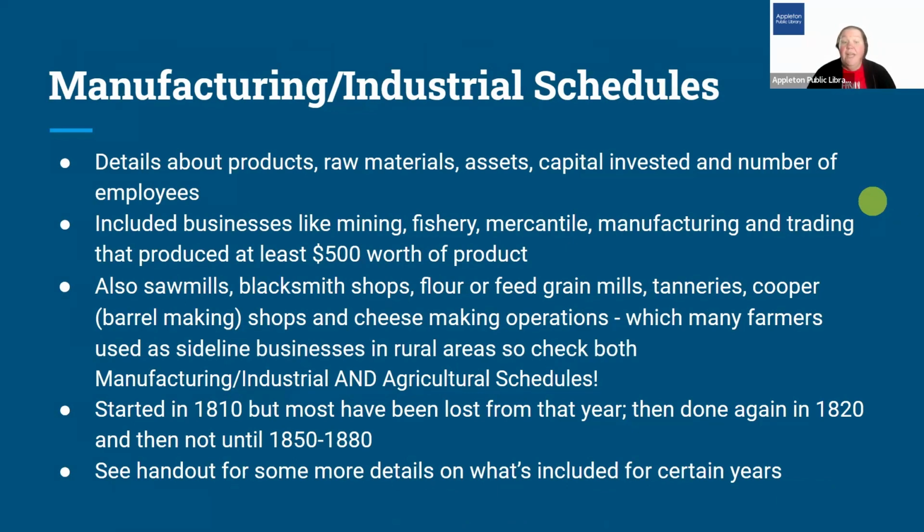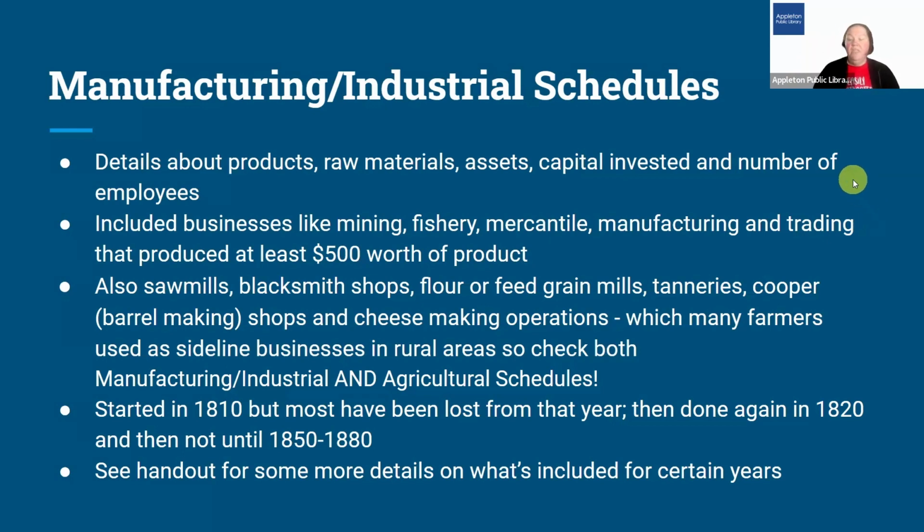So you might also find the sawmills, blacksmith shops, flour and feed grain mills, tanneries, coopers, which were barrel makers, or cheese making operations. So keep in mind, maybe some of our farming ancestors used these as side businesses, like they were the blacksmith and a farmer. So especially in rural areas, you might find them in both of these schedules, in the agricultural one as well as the manufacturing industrial one.